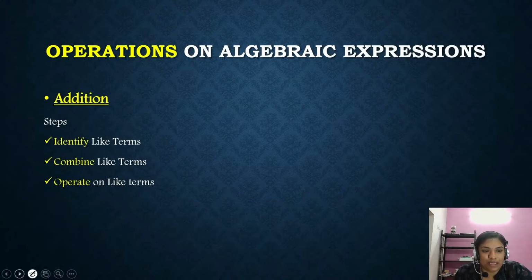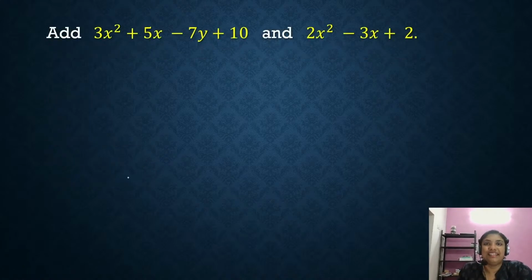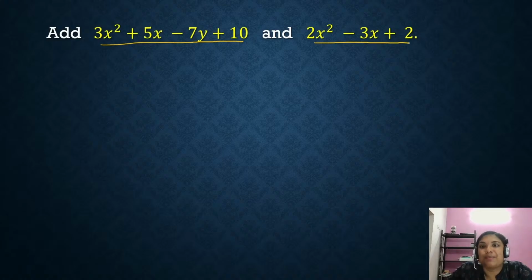Then this will be clear to you. See, this is our question. Add 3x square plus 5x minus 7y plus 10 and 2x square minus 3x plus 2. Okay, we are supposed to add these two expressions.